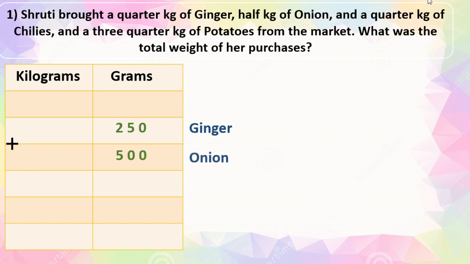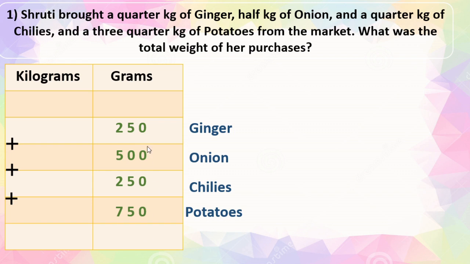Onion. Then quarter kg of chili, again 250, chilies. Then 3/4 kg of potatoes means 750 grams of potatoes. Now what to find out? What was the total weight of her purchases?